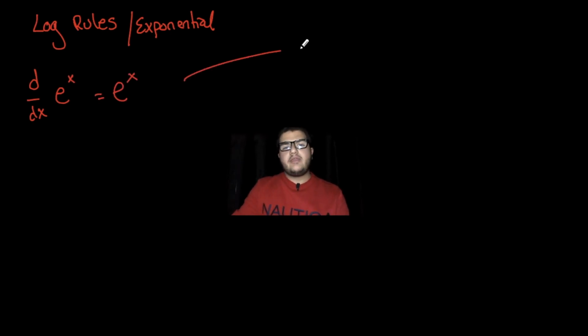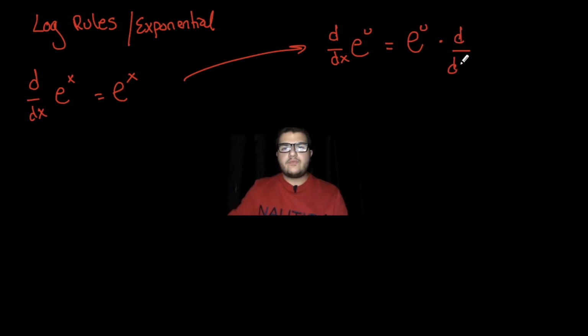Other rules we talked about are the log rules and exponent, or exponential, rules. So the derivative of e to the x is e to the x. But the derivative of e to the u, where u is any function other than x, is e to the u times the derivative of u, or e to the u times u prime.